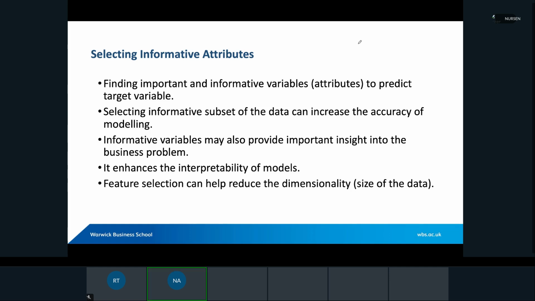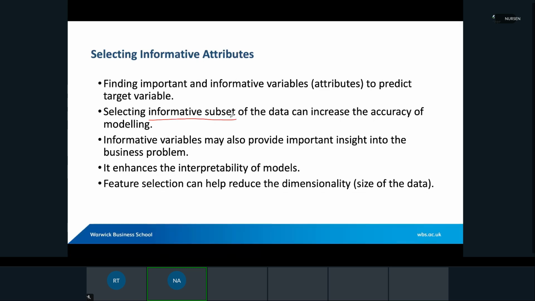This is called feature selection or informative attribute selection. There are lots of benefits of this technique. First of all, if we include the informative variables, so I'm not discussing the observations, these are the columns in our dataset, the features.